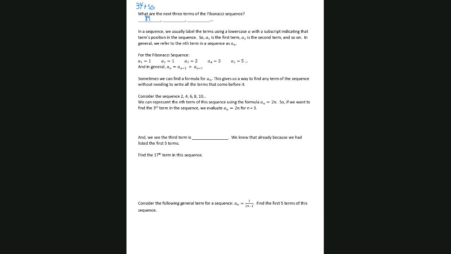Now, 55 plus 89 is 144. And 89 plus 144 is 233. So those are the next three terms of the Fibonacci sequence.